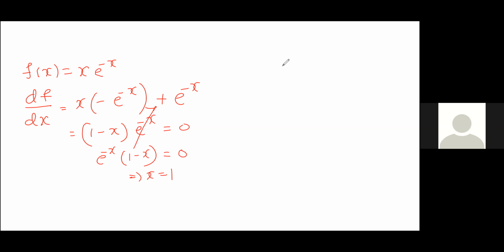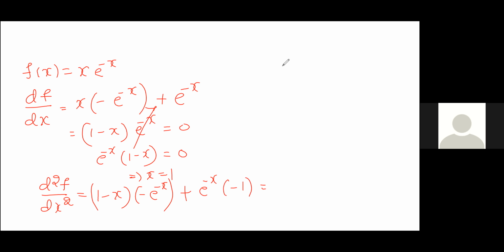Now find d square f by dx square. Since only one stationary point is there, you can also find the value of the function here itself. If you find the second order derivative, it becomes 1 minus x into derivative of e raised to minus x, which is minus e raised to minus x, plus e raised to minus x into derivative of minus x.